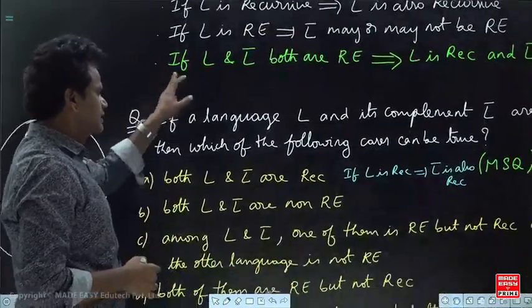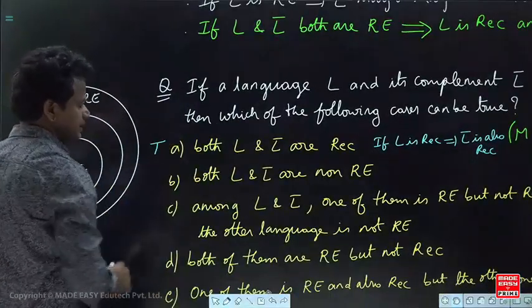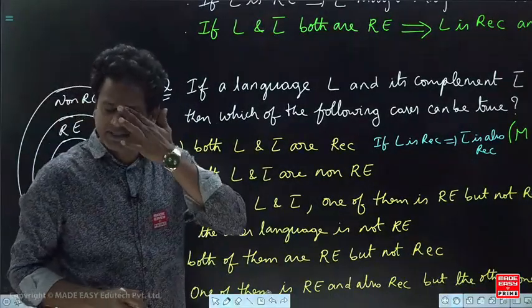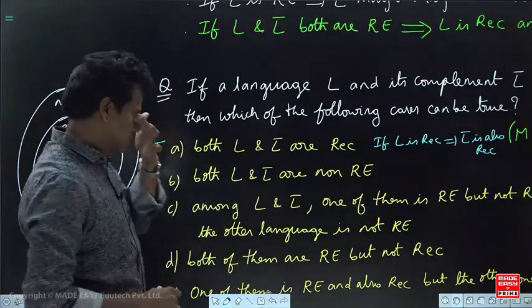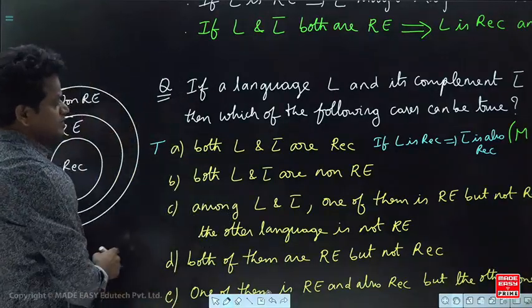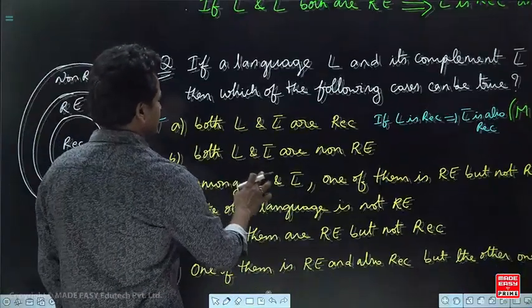Yes, both languages can be REC. It is true. Are you following? If a language is recursive, its complement is also recursive, because recursive languages are closed under complement. Both L and L bar are non-RE.